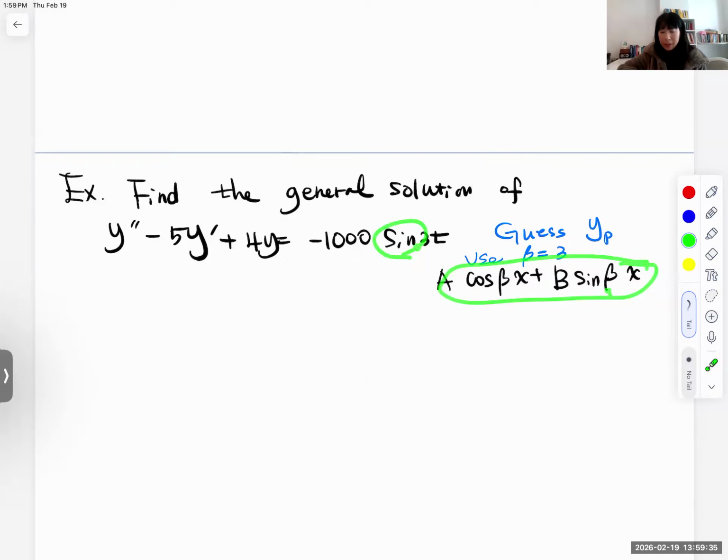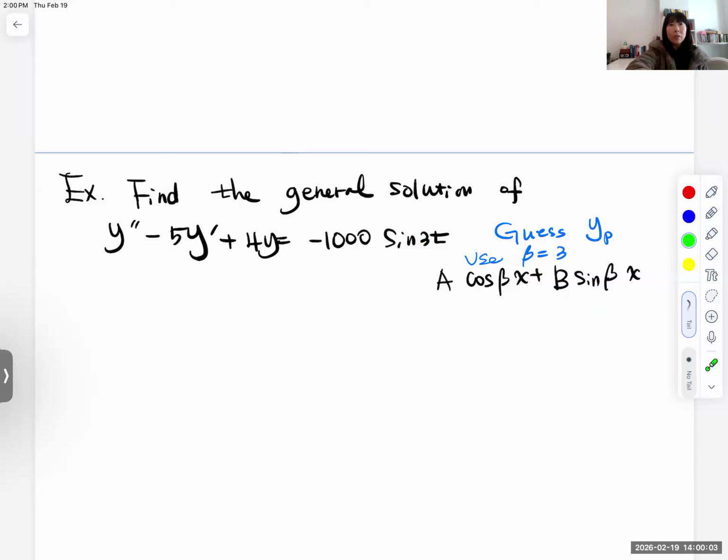So whether single sine, single cosine, or combined with the two terms of sine and cosine, we get this form, we can guess for the particular solution. In that case, beta equal to 3, and then A cosine beta x plus B sine beta x.